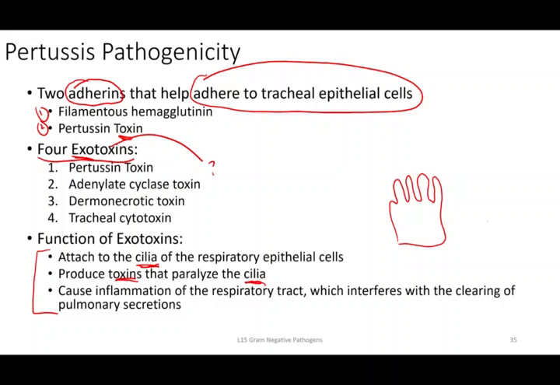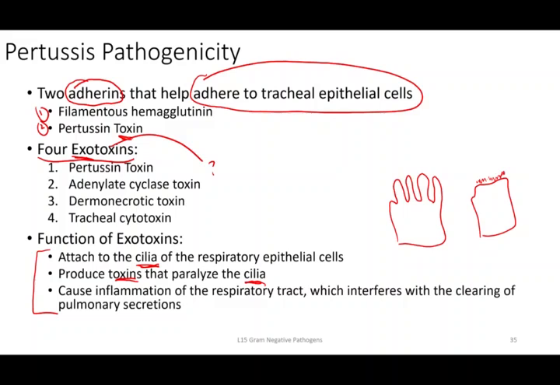A better picture would be a surface with all these little hairs on it. Those are cilia that allow the movement of things up and out of the respiratory tract that you inhale with each breath. It's trapped in that mucus, and the cilia brush things up and out.